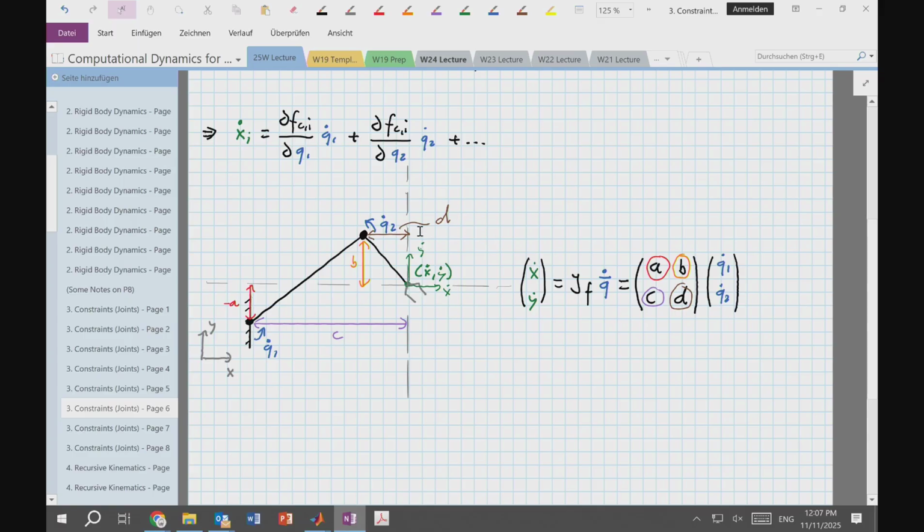When q2 has a positive direction, this guy goes to the right, because then I'm rotating about this point. Right? So you can decompose these Jacobians by looking at them one axis, one generalized coordinate at a time, freezing the others, setting their velocities to 0, and you can interpret your Jacobians.